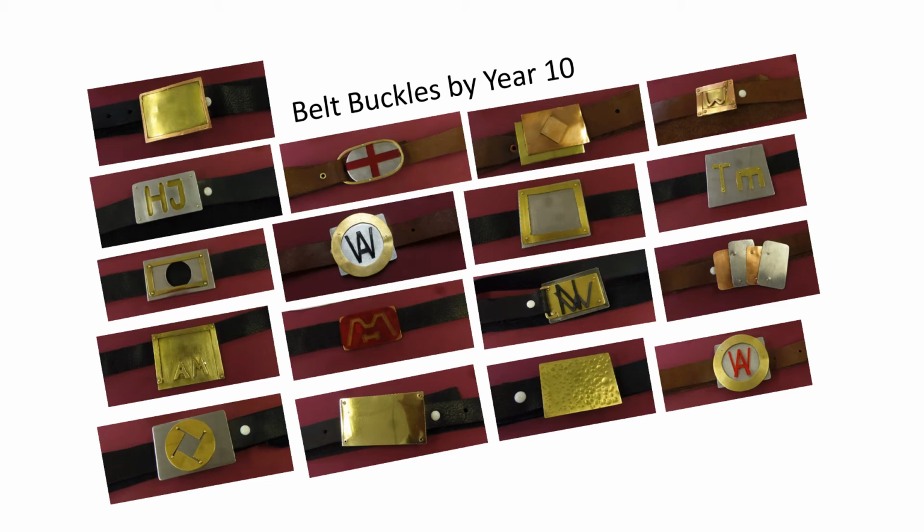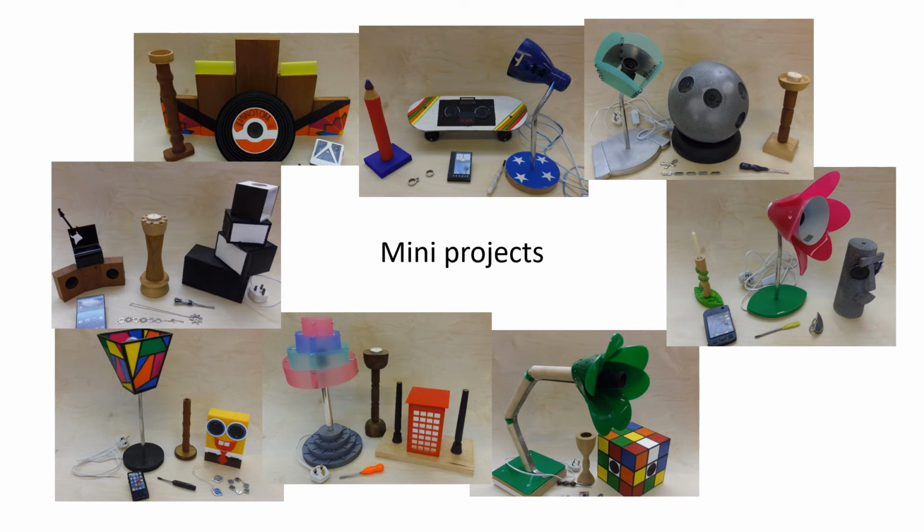Or using metals like brass, steel, aluminium, copper, and making your own belt buckle. Lots of mini projects, lights, toys, screwdrivers with polymorph smart material handles.